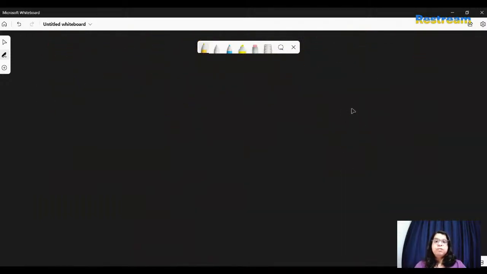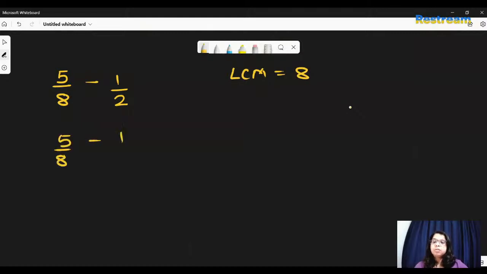Now what happens when you have different denominators? Like let's say 5 by 8 minus 1 by 2. So LCM of this is going to be 8. So we are going to convert this into 8. So it is going to be 5 by 8 minus 1 over 2 times 4.